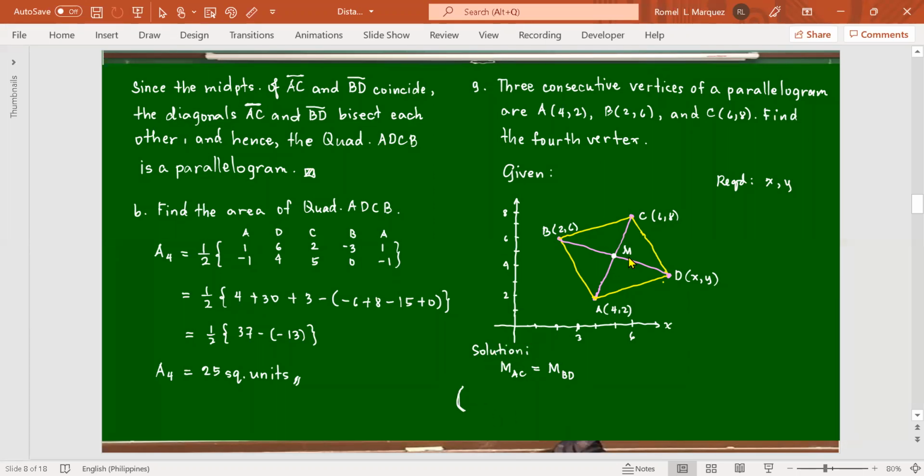So that is AC: (4 plus 6) all over 2, then (8 plus 2) all over 2. Arrangement does not matter, you can have 2 plus 8 or 8 plus 2. This is supposed to be equal to the midpoint of BD: (2 plus x) all over 2, and (6 plus y) all over 2.